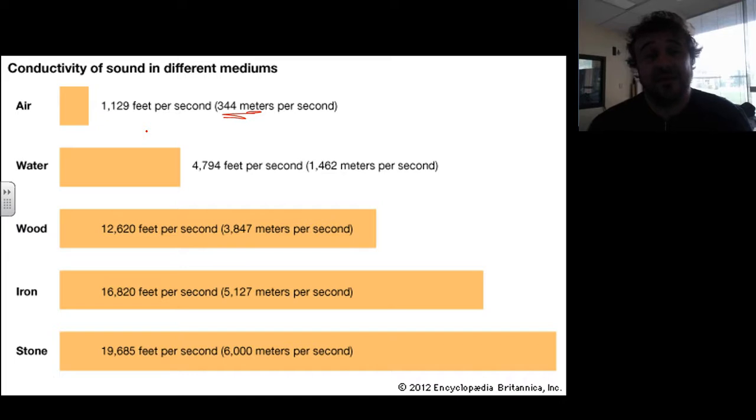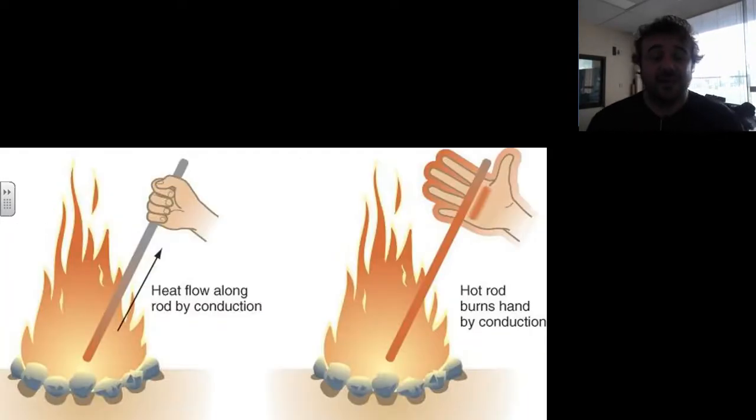In actual fact, for every second, the lightning strike is roughly 344 meters away. You can see that the denser the medium, the faster and more efficiently sound travels through it.